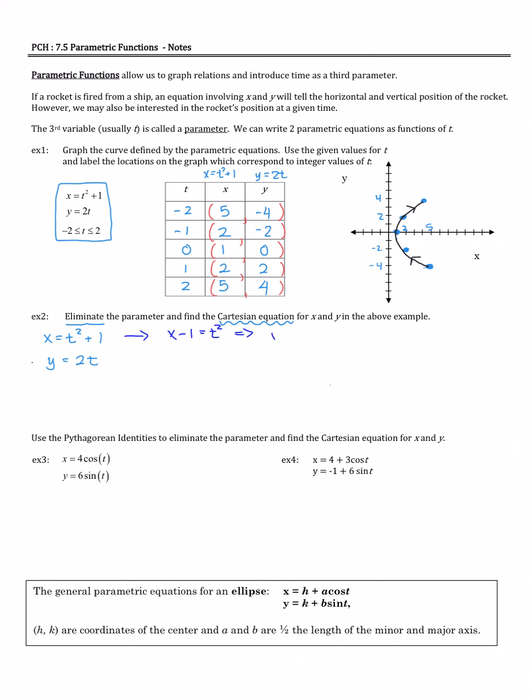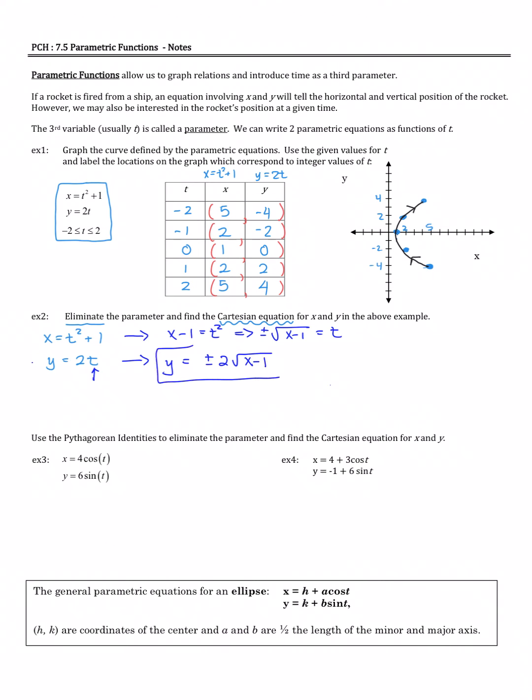And then when I take the square root, we have to put in a plus or minus, and that will equal t. Now I'm going to come down to my y equation, and we have y equals 2 times what we just simplified. So that's going to be plus or minus 2, because we want to emphasize that it's a product.